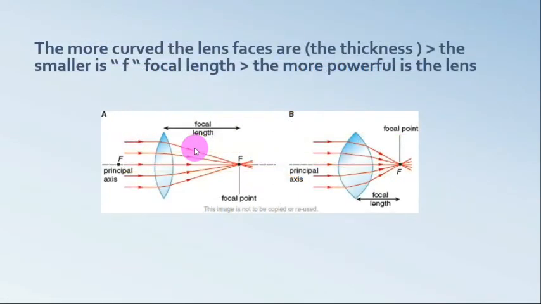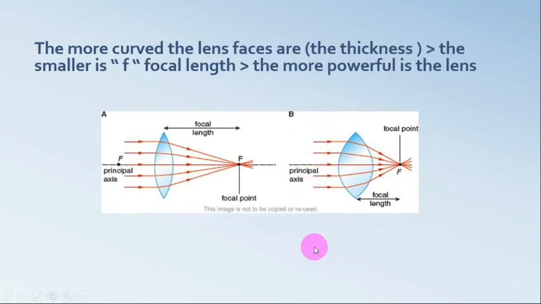We have here a fact or a rule that the more curved the lens faces are, or the more thickness of the lens, the smaller is the focal length, and the more powerful is the lens. So it's better to what?